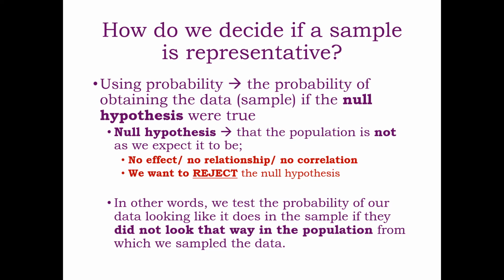A null hypothesis is a theoretical distribution that reflects what the data would look like, what the proportion of scores would look like, if there were no effect, no relationship, and no correlation. As researchers, we want to reject the null hypothesis. Basically, we're testing if we have evidence that something we don't believe is true is in fact not true. The null hypothesis is always of no effect, no relationship, and no correlation.